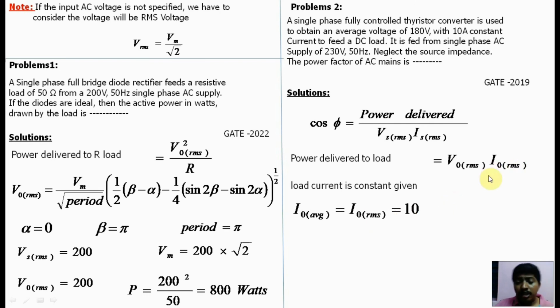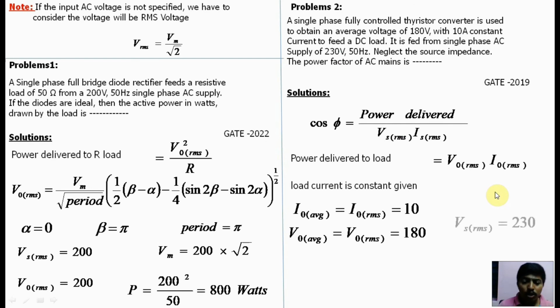Next, V naught average is equal to V naught RMS. The average voltage 180 is given, so we can find the power delivered from these relations. Then V_s RMS, the input, is given as 230 volt.